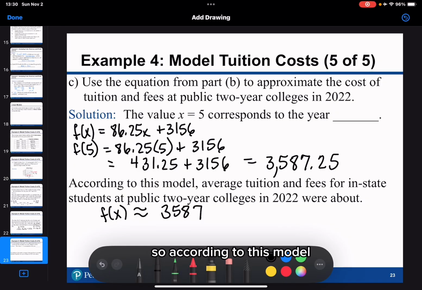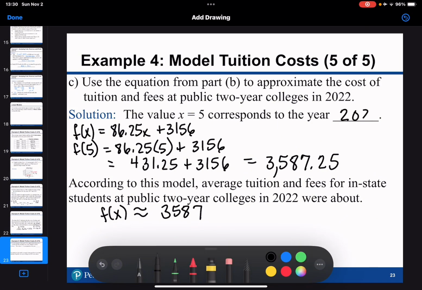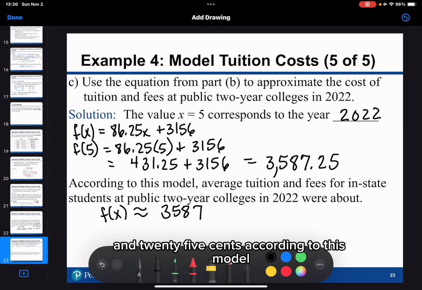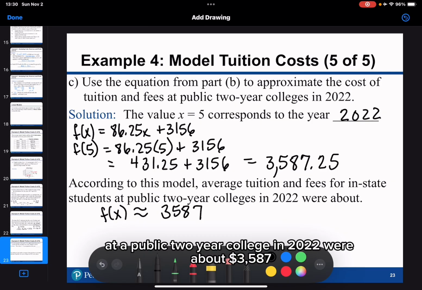According to this model, the value x equals 5 corresponds to the year 2022, and when we solved it, we got f of 5 equals $3,587.25. According to this model, the average tuition and fees for in-state students at a public two-year college in 2022 were about $3,587.